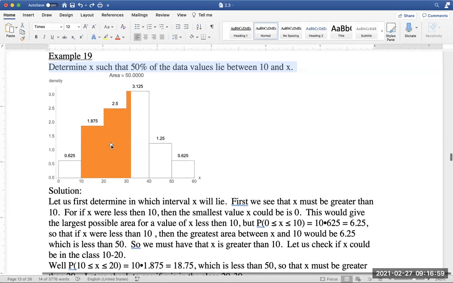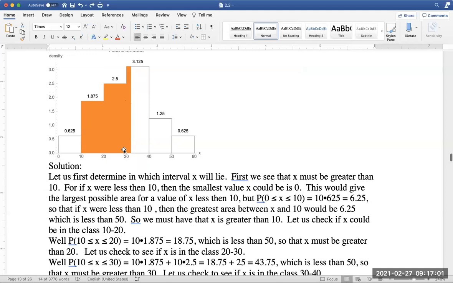Now let's go to 40. If I go all the way to 40, that's 43.75 plus 31.25, so I'm up to 75% by the time we get to 40.